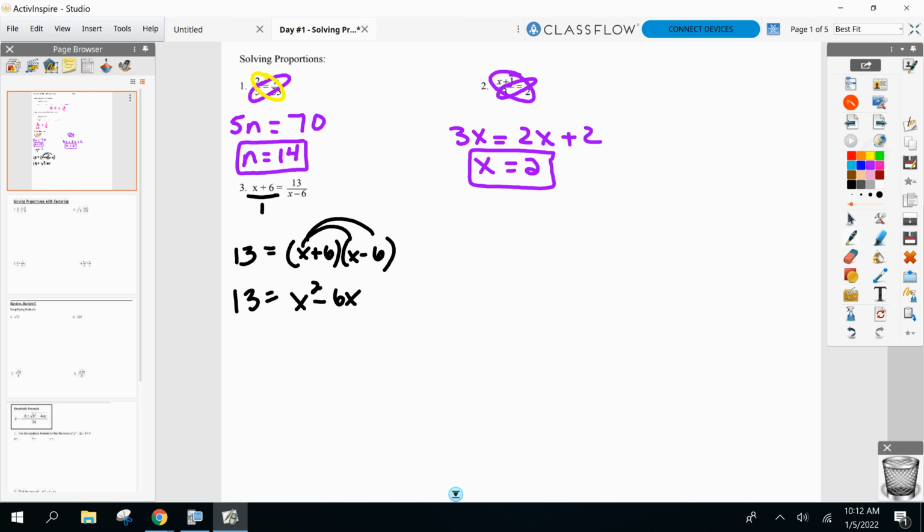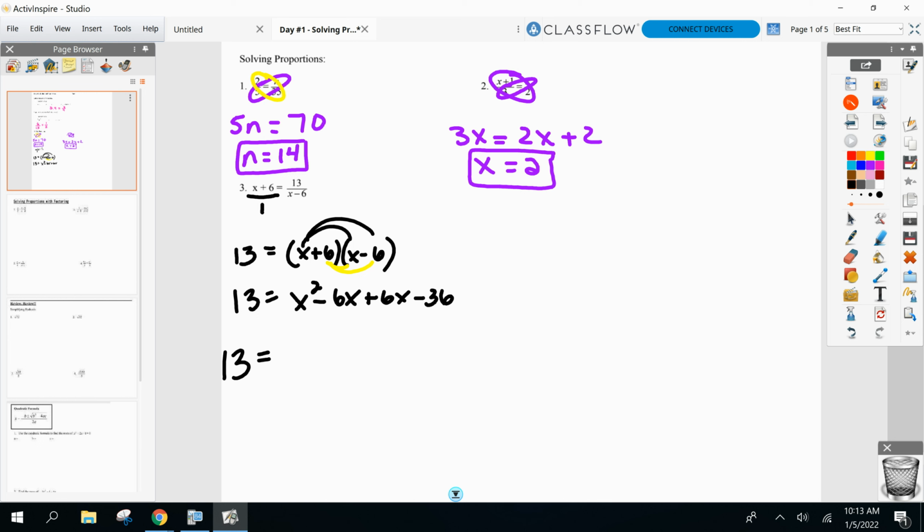We got to do it again. But now I'm going to distribute positive 6 times x. 6x. And then finally, 6 times negative 6. And no, it's not 0. You're multiplying. Minus 36.